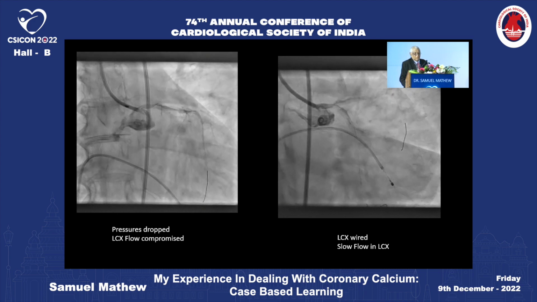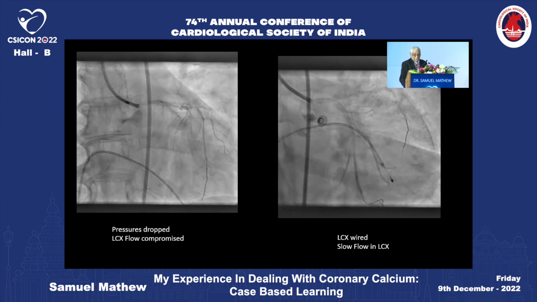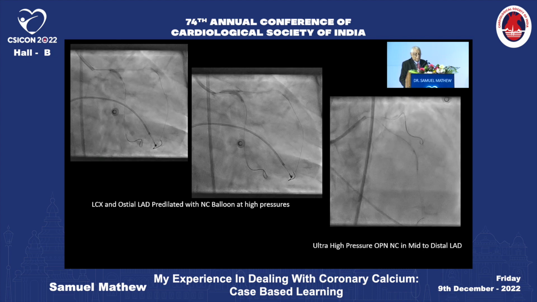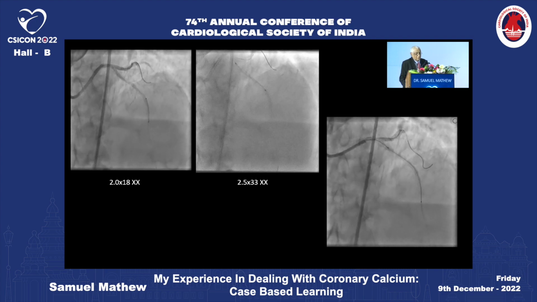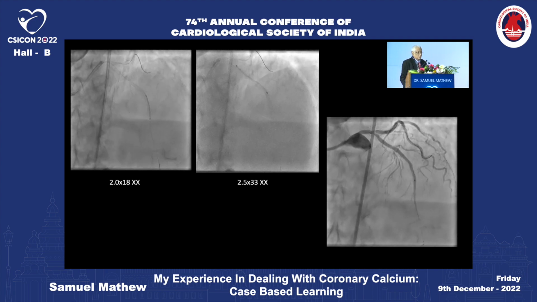Dense calcified circumflex ostium and the LAD ostium and the proximal segment of the LAD. Then we rotablated the LAD. By the time we rotablated the LAD, the circ decided to close down.